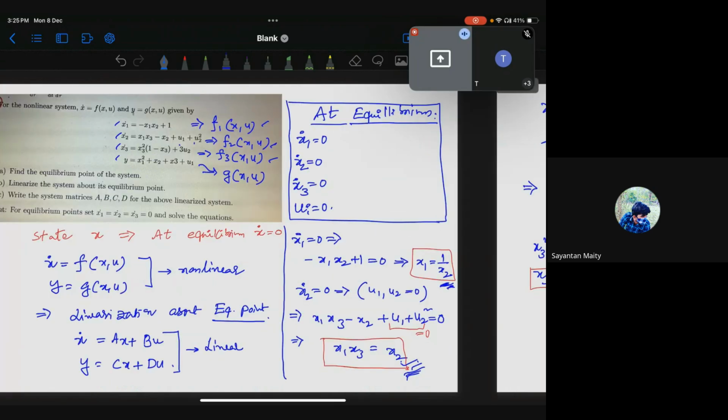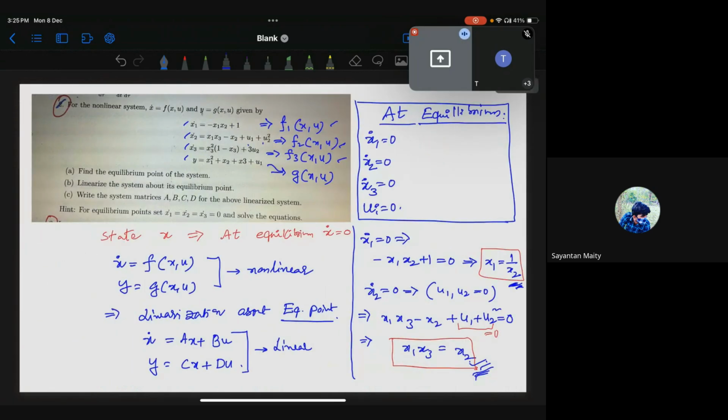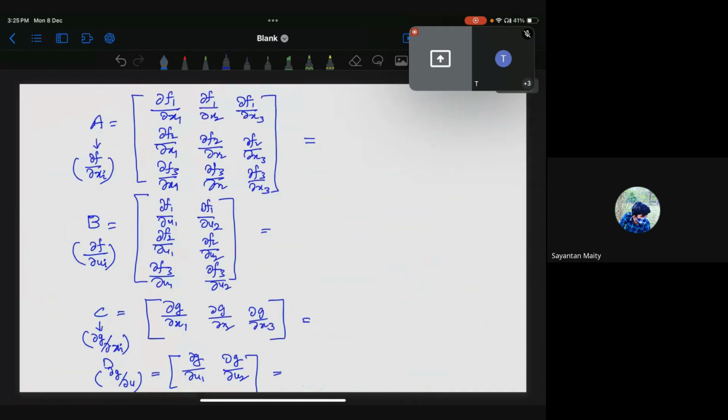So for F1, F2, F3: F1 is minus X1, X2 plus 1. Let me write it somewhere so it will be easy for us to do the calculations.